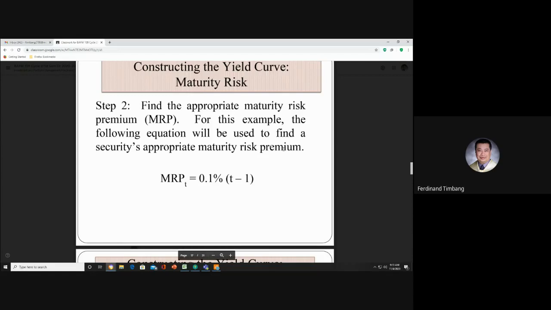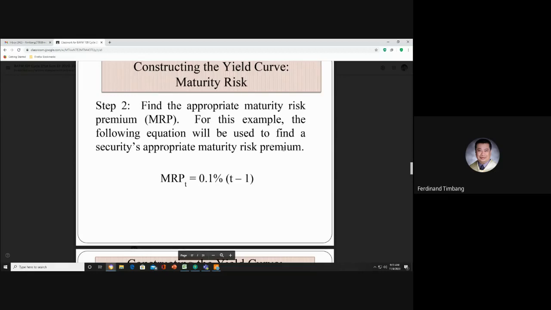The formula given by Brigham is 0.1% times T minus 1. But in the book of Saunders, he specifies how to compute the maturity risk premium. So again, for differentiation between the book of Saunders and the book of Brigham, the computation for Brigham is 0.1% times T minus 1, but Saunders specifies how to compute it. So it is not always the same. Just check how to answer, since it is in the sentence of the problem.